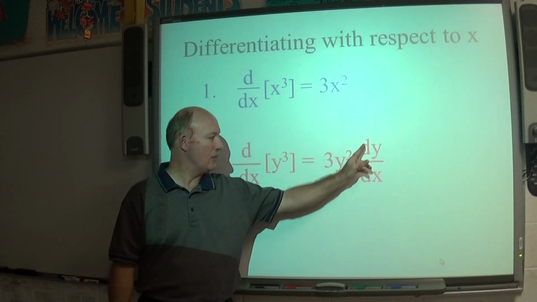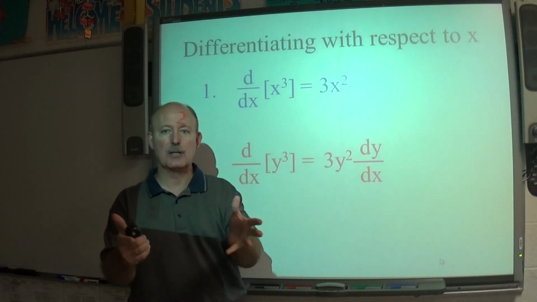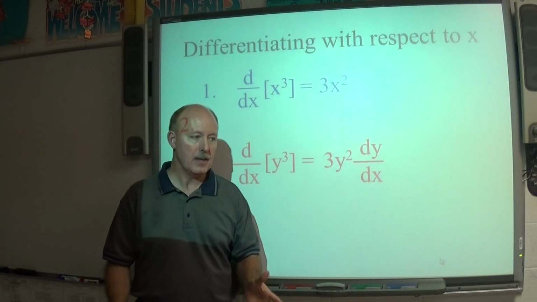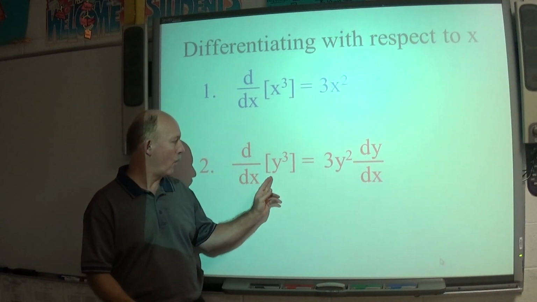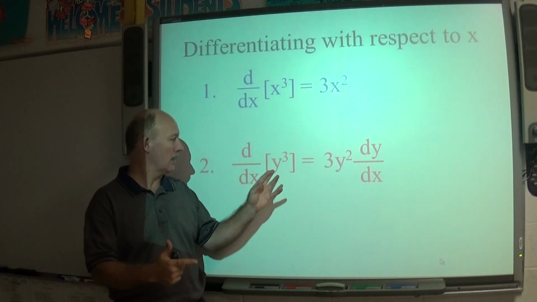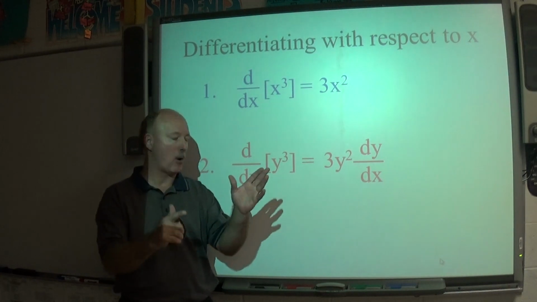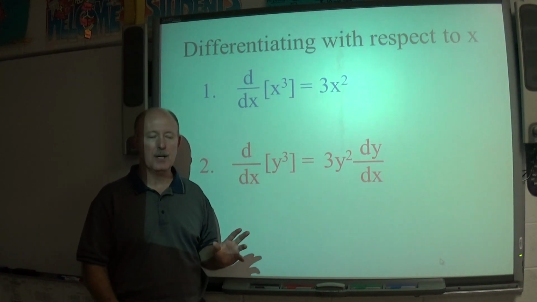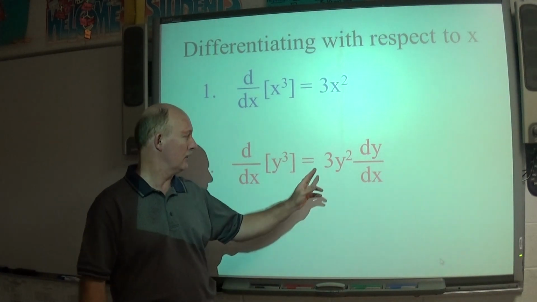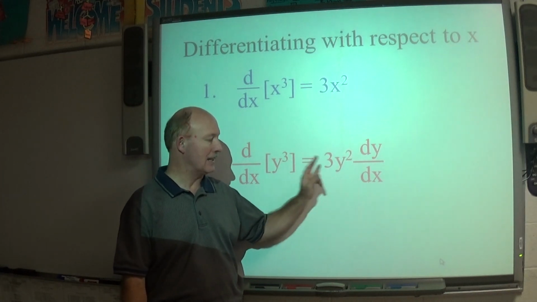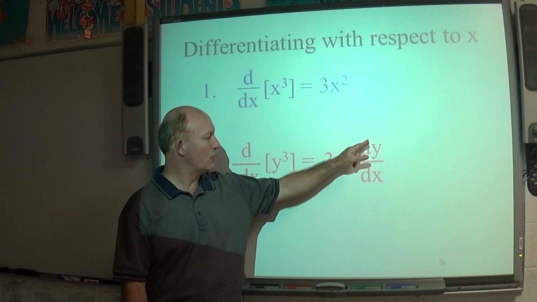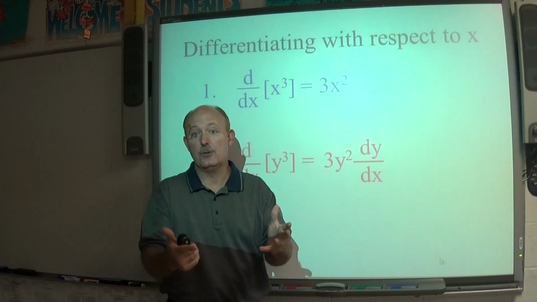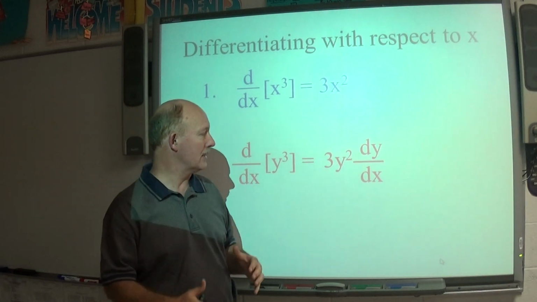The reason we leave dy dx as a factor is because we're actually using the chain rule. So with the chain rule, think of y cubed as the exponent being the outside part, and y is the inside part. So you take the derivative of the outside, which gives you 3 with an exponent of 2. You bring the y over, times the derivative of y with respect to x, which is dy over dx.